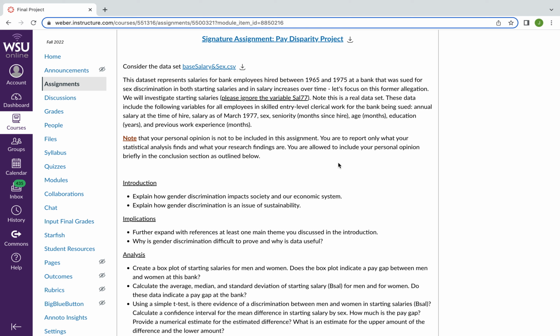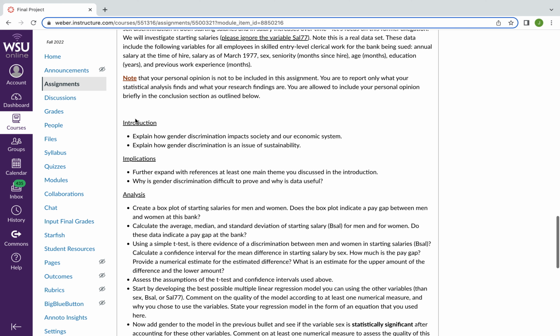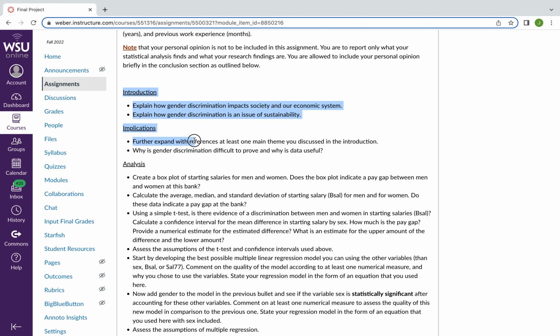So the question is, is there a difference between pay at this bank? And if there is, could it be for some other reason, such as education or seniority? Okay. And does the data back it up, most importantly? Okay. So these are the bullets that you need to address for this project.